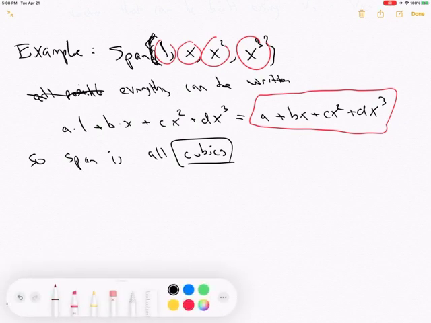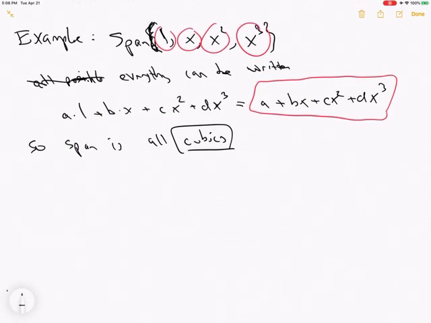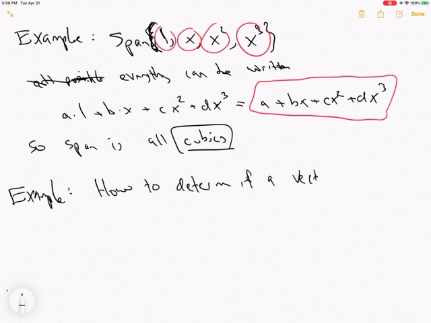Okay. So how do we actually do calculations? How do we determine if a vector is or isn't able to be built? So how to determine if a vector is inside some span.